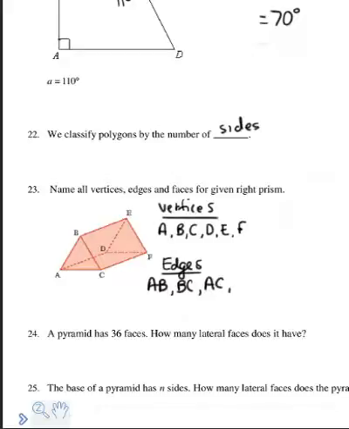We have BE, EF, CF, and BC. But we already had BC mentioned over here, so we don't need it again.